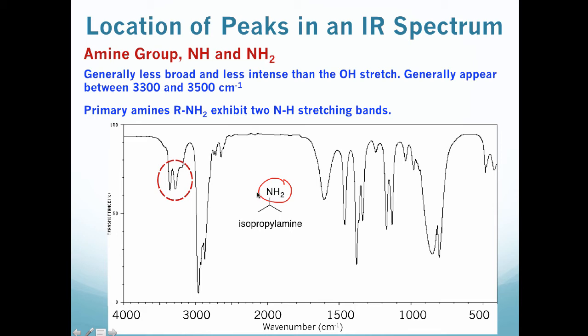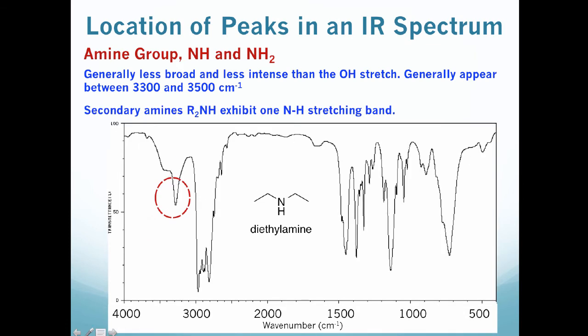Now interestingly, if you have a primary amine, so that means the nitrogen has two hydrogens, you're going to see two peaks in that region. So there's two different stretching bands. Next, if we move from an amine that contains two hydrogens to an amine that contains one hydrogen, such as diethylamine, now we only see one peak in that region.